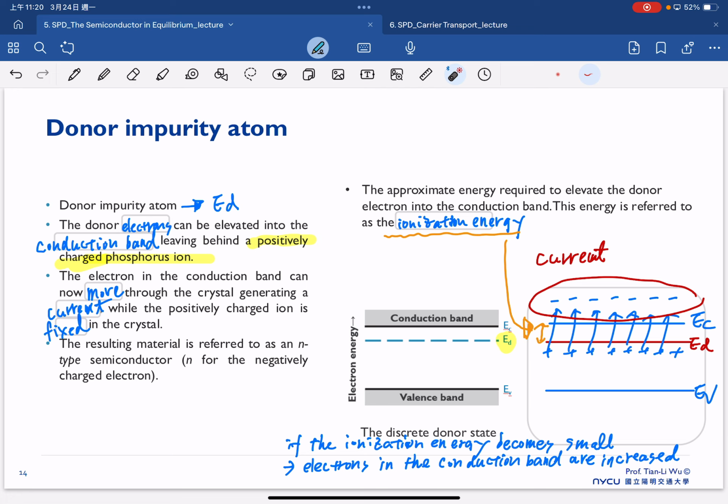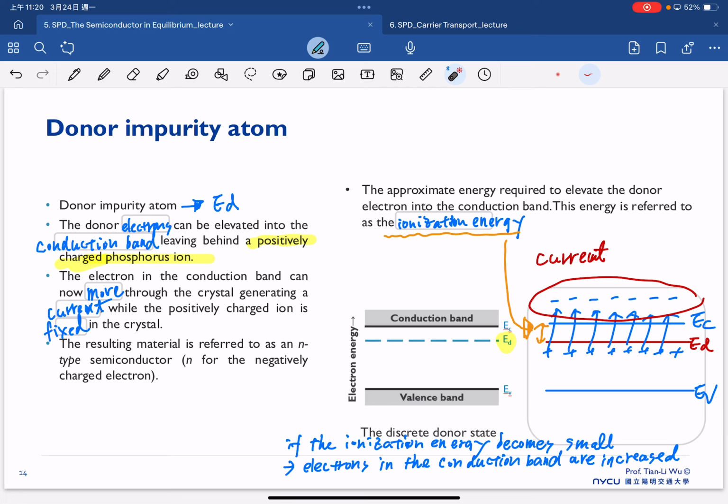It means that whatever you try to dope in the semiconductor, we cannot guarantee 100% will contribute as an electron, as a current, because the ionization energy is large in most semiconductor materials except for silicon.